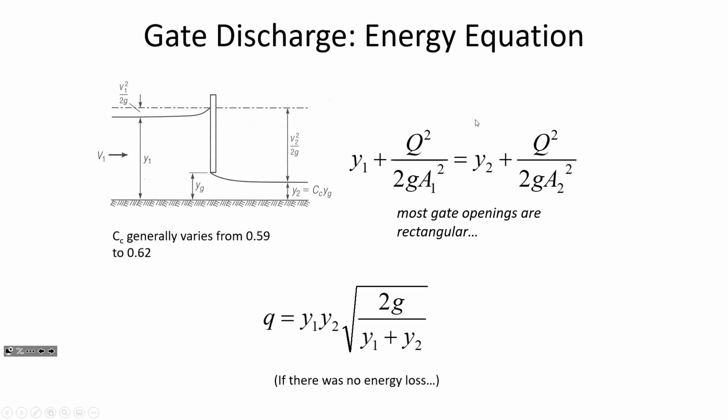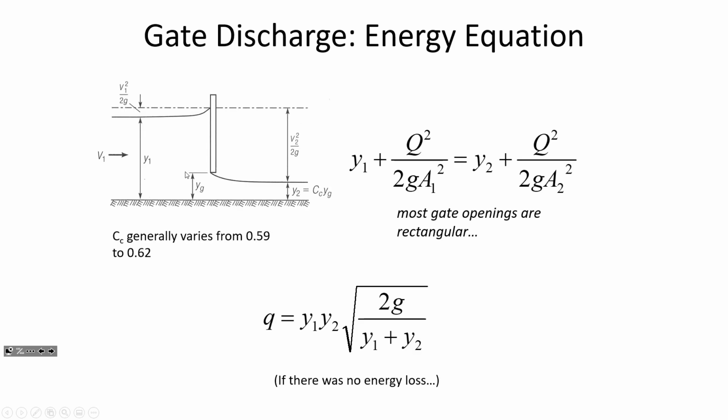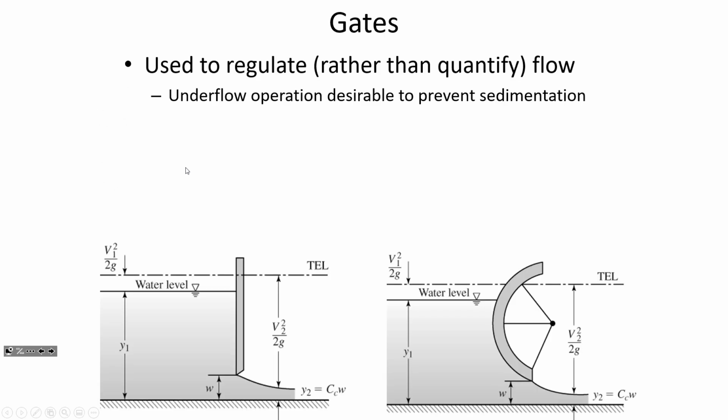All of this, of course, assumes that there's no energy loss. And just for these initial steps of calculating depths, we'll go with that, although there are energy losses, and the coefficient of discharge that we use to calculate the flow capacity through a gate will reflect the energy losses.